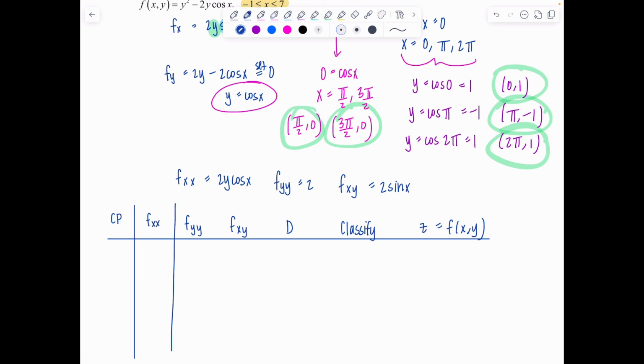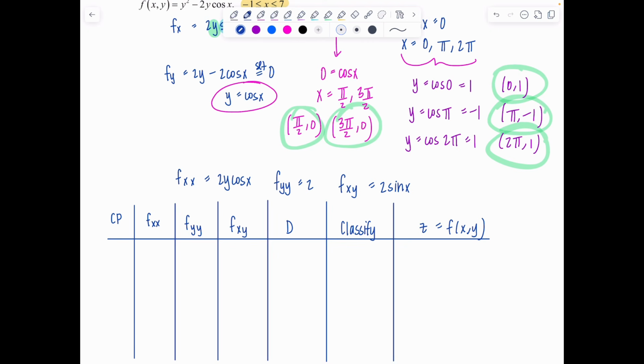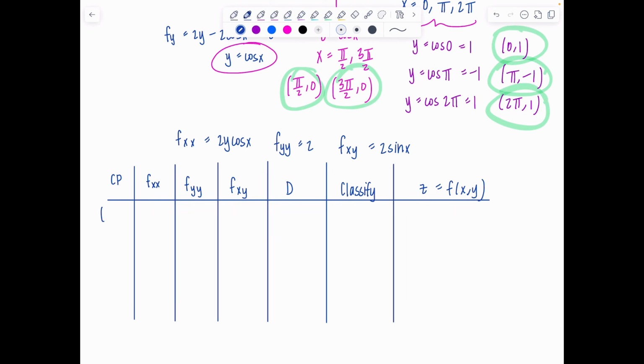For the most part, the issue came in this problem with solving the system and getting the correct critical points. It wasn't so much with the rest of it. Okay, so 0, 1, pi -1, 2 pi 1, pi over 2, 0. Obviously the critical points could be in whatever order, so don't worry about that. 2, 2, 2, 0, 0.